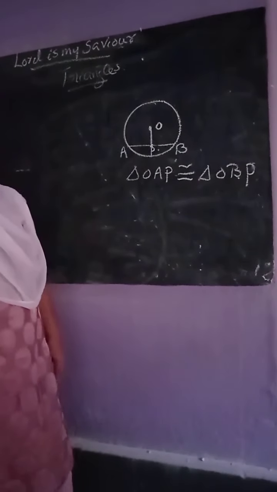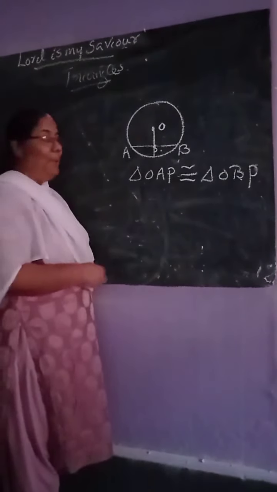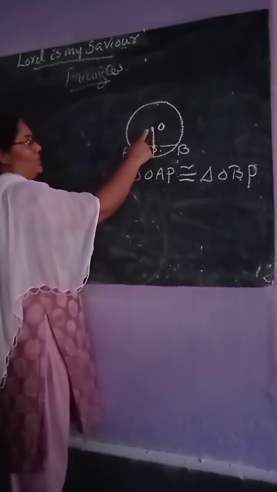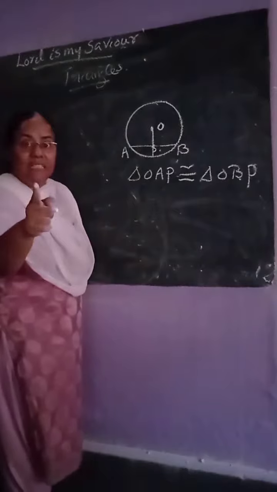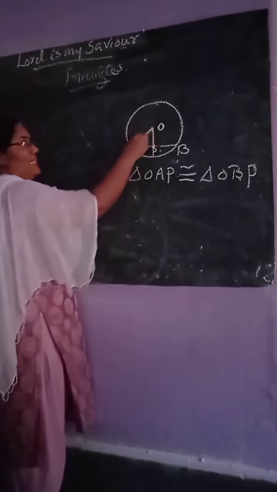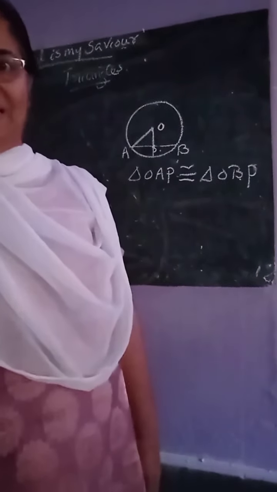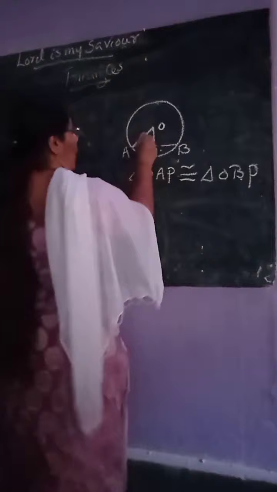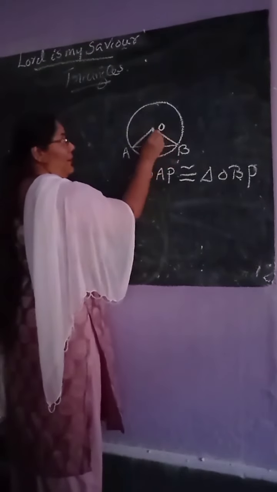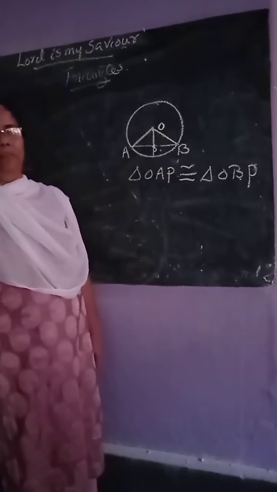Understand? Can you see where the triangle OAP is? Look here. In this question, O is the center of the circle. Therefore, we know that OA is the radius, so you can join that radius. In the same way, OB is also the radius.